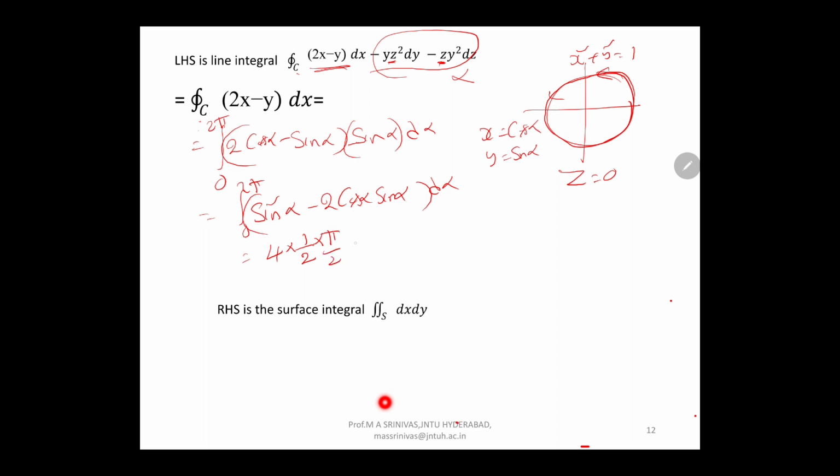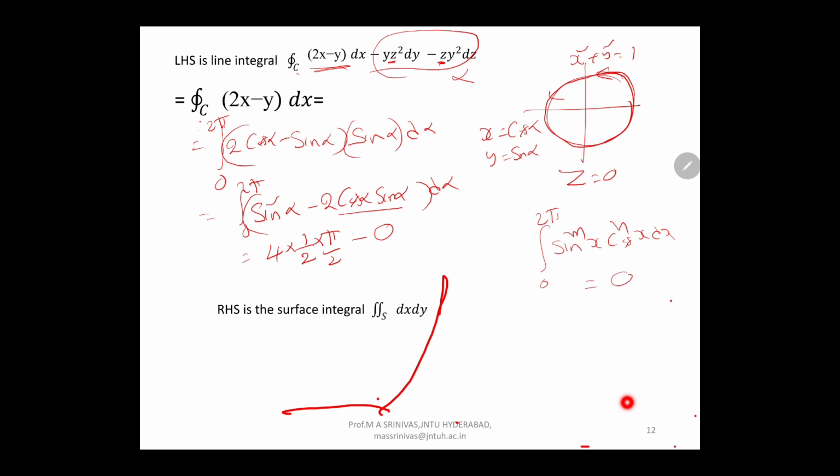This is simple integration. Similarly here, if I find the integral for it, if I put sin alpha as t, cos alpha d alpha is dt, and sin square alpha by 2 from 0 to 2 pi will be 0. Even in the last lecture I mentioned this is a standard one which we can use everywhere: integral 0 to 2 pi sin power mx into cos power nx dx.